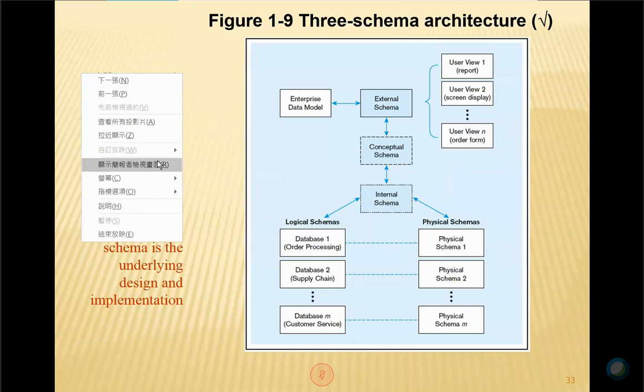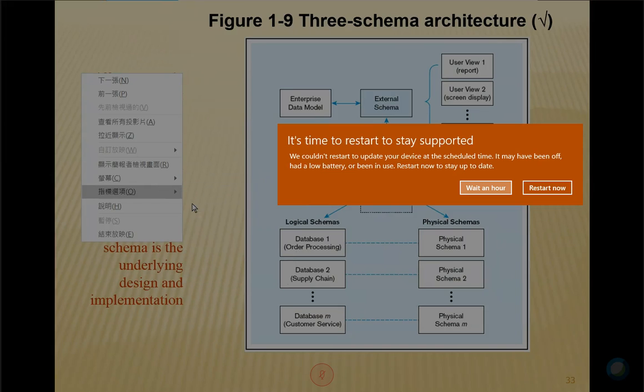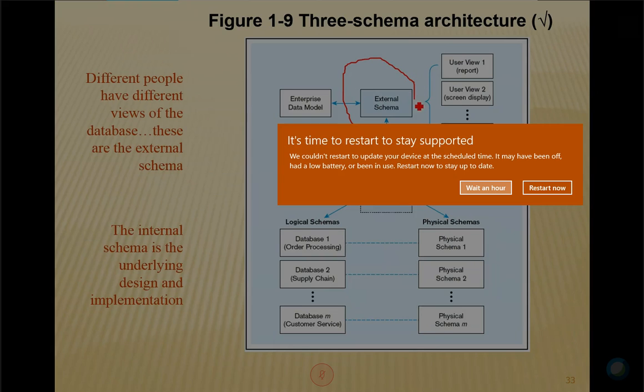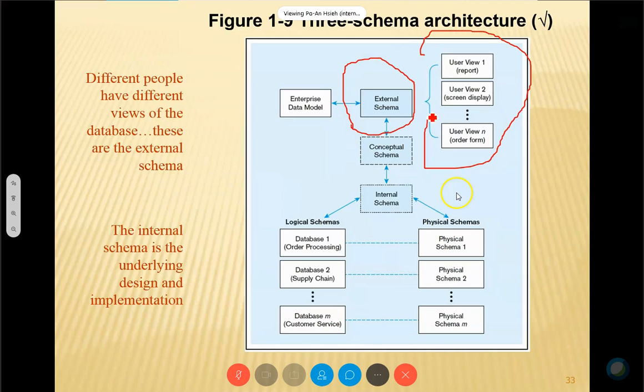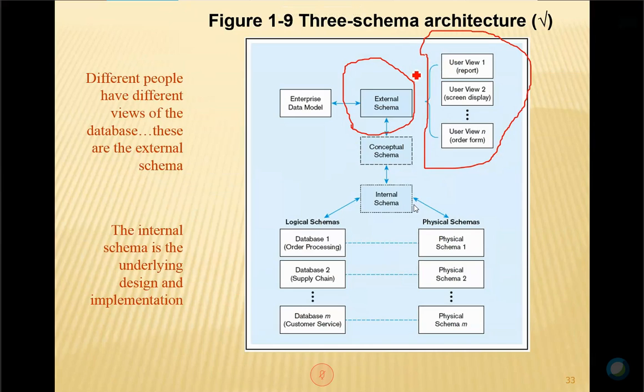So these are the three schema. The external schema is where you get input from all the users from different departments, and also look at their documents. If you're working as a consultant or developer, these are the information you want to get from different user groups.